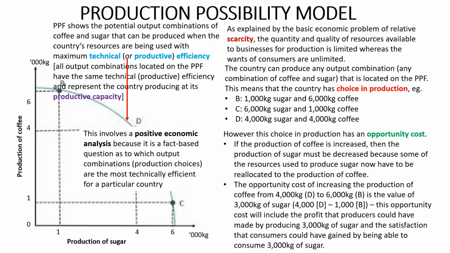Well, the question of what output combinations make up the production possibility frontier involves positive economic analysis because it is a fact-based question as to which output combinations, that is, which production choices, are the most technically efficient for a particular country and therefore are included on that country's production possibility frontier.